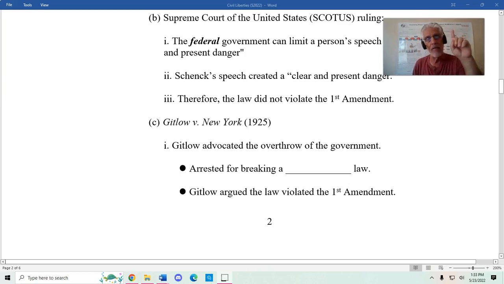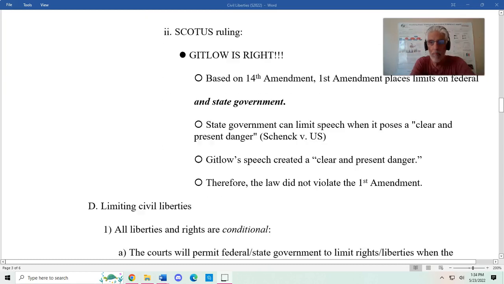He's saying that the First Amendment that says Congress shall make no law limiting freedom of speech also limits state governments. And the court agreed. They said Gillow's right.